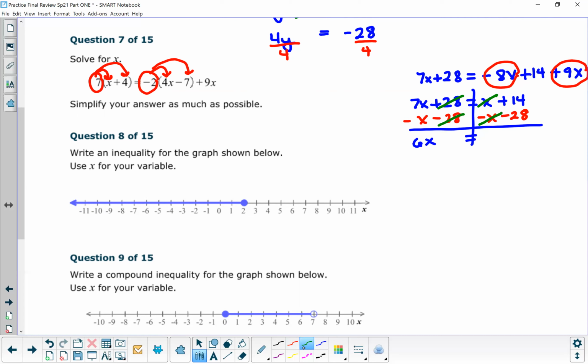And then 14 minus 28 is -14. All right, let's divide by 6 on each side. We get x is equal to -14 over 6, which reduces to -7 over 3.